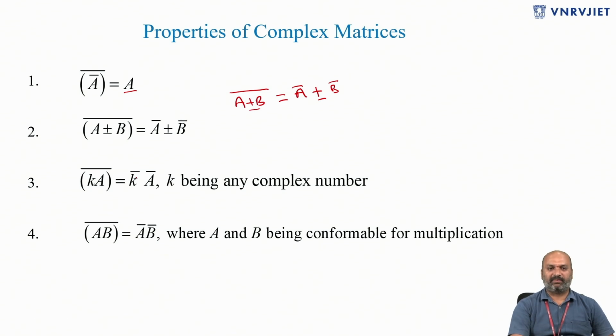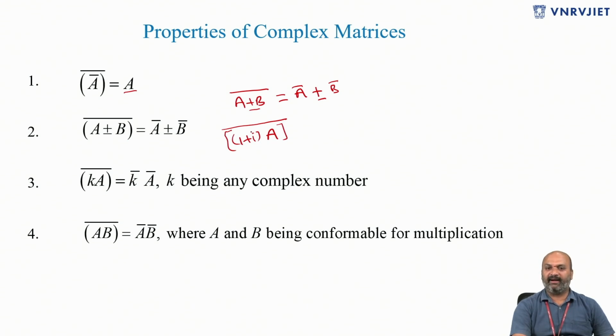Okay. Another property: suppose you have a matrix A which is multiplied with some complex number, say 1 plus i, into A, and then you determine the conjugate of this matrix. That is, A is some given complex matrix multiplied with some complex number, say 1 plus i.